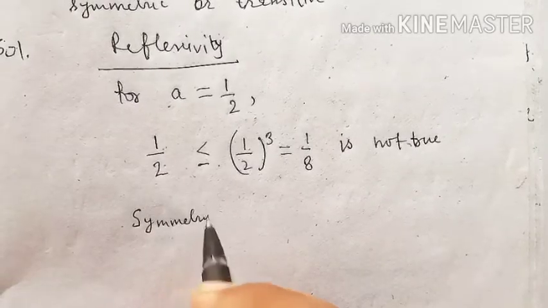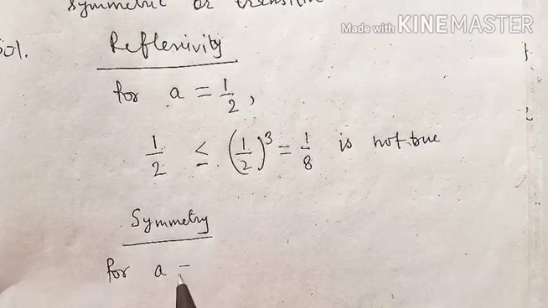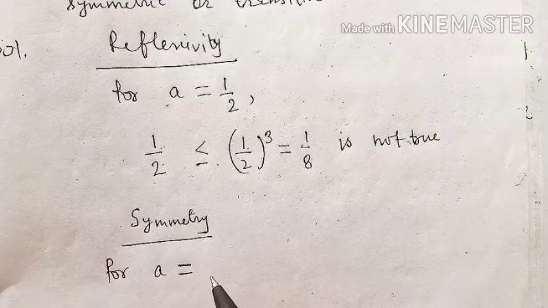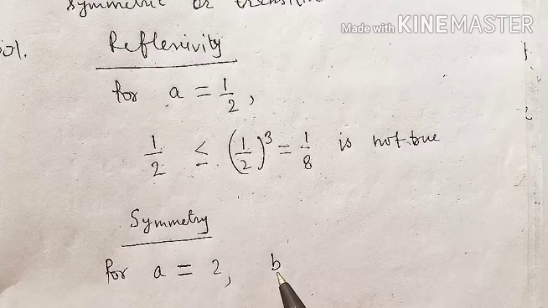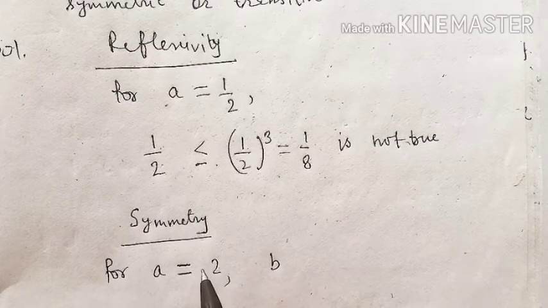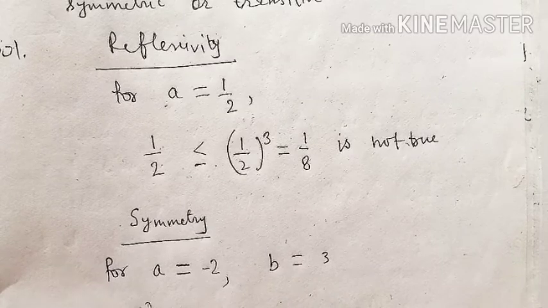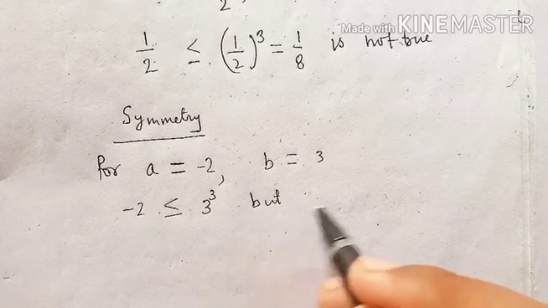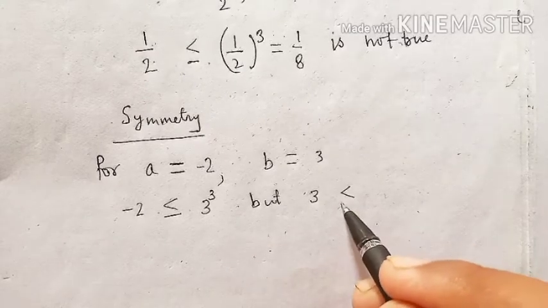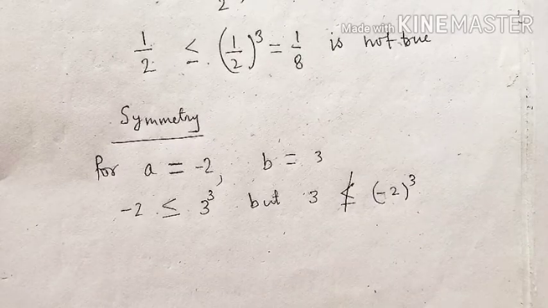Now take symmetry. If we take a equal to -2, b equal to 3, then we see that -2 is less than or equal to 3 cubed, but 3 is not less than or equal to (-2) whole cube.